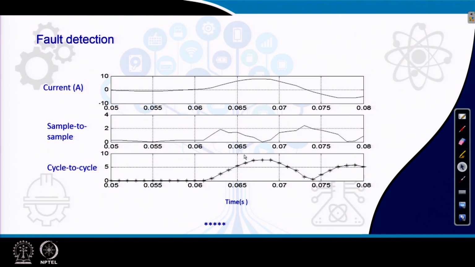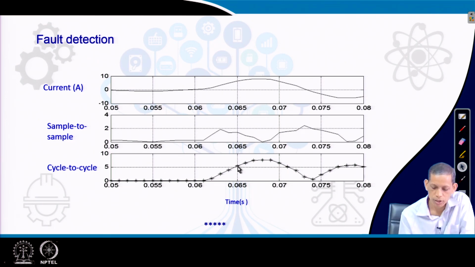Note that the relay acquires new samples and performs such fault detection, but in between it computes further things using digital filtering algorithms and their corresponding principles, and then makes a decision before the new fresh samples are acquired.